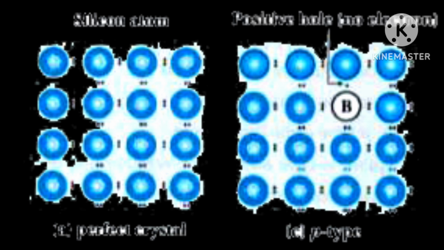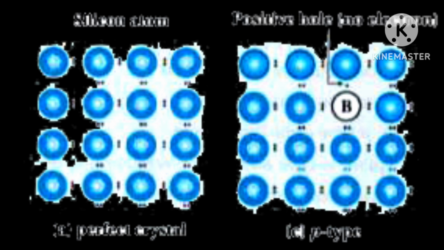Silicon or germanium can also be doped with group 13 elements, like boron B, aluminum Al, or gallium Ga, which contain only 3 valence electrons.